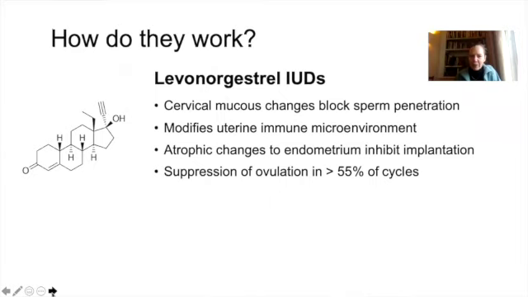Levonorgestrel modifies the cervical mucus in ways that make it hard for sperm to penetrate that mucus and get to the upper reproductive tract. It changes the uterine immune microenvironment, and it thins out the endometrium in ways that make it hard for implantation to occur, which all the assisted fertility specialists would want us to know is when you actually become pregnant, when a pregnancy is actually able to implant in the uterus.